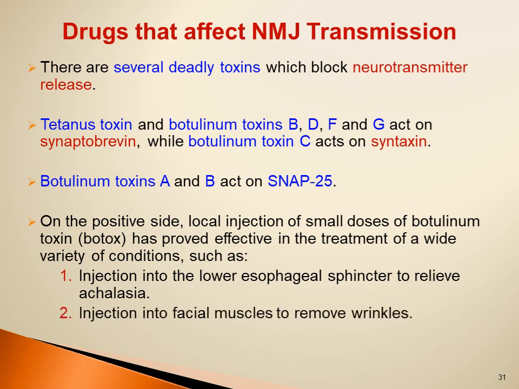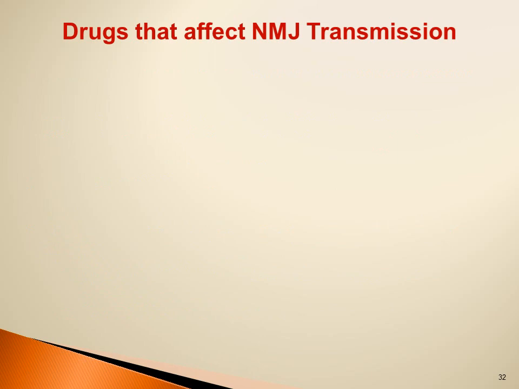Another useful use of Botox is its injection into facial muscles, so they will relax, and this will remove the wrinkles in the face. We have other drugs also that affect the neuromuscular junction transmission.